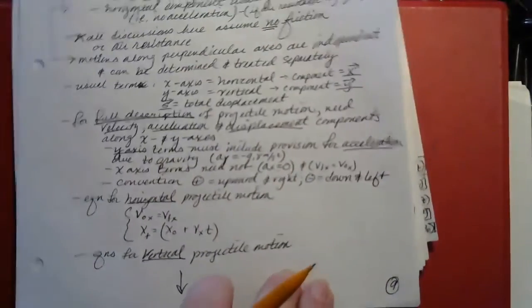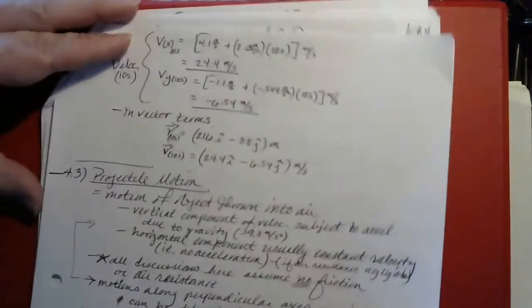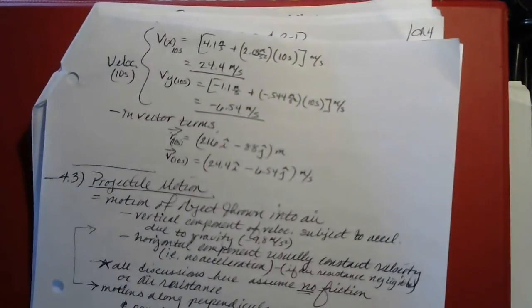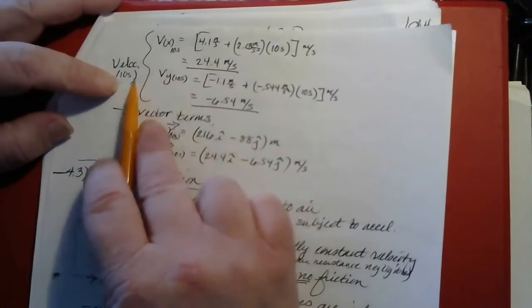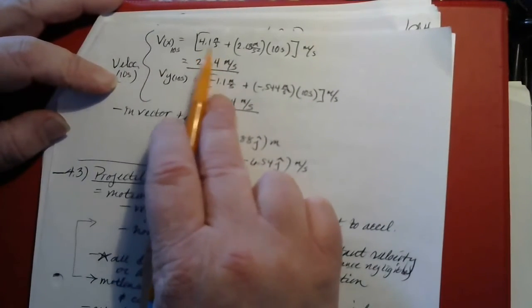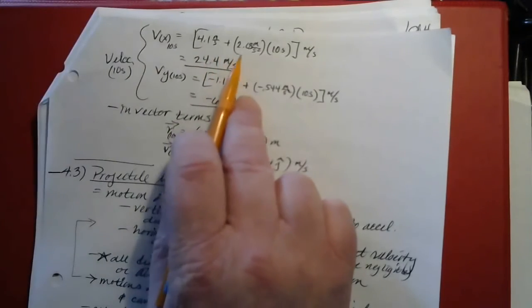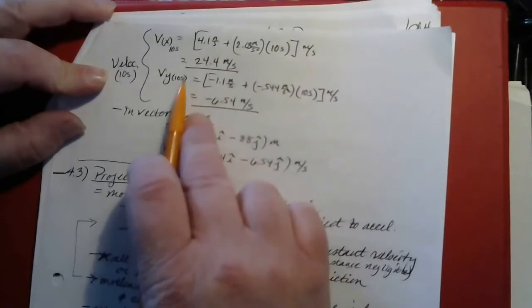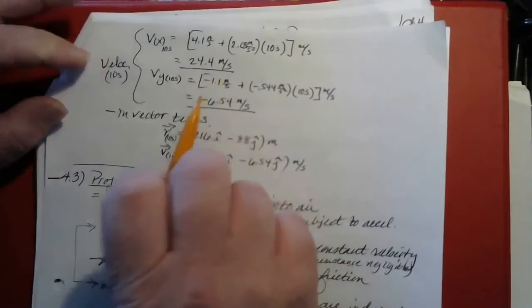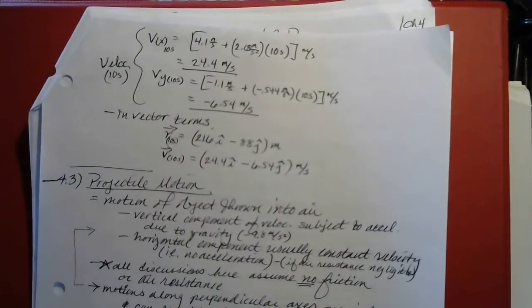Okay, the velocity will be done using the velocity equations from the last page. So at 10 seconds, we have the original velocity in the x direction plus the acceleration in the x direction times the time. And that comes out to 24.4 meters per second.